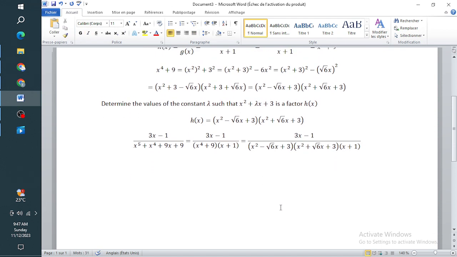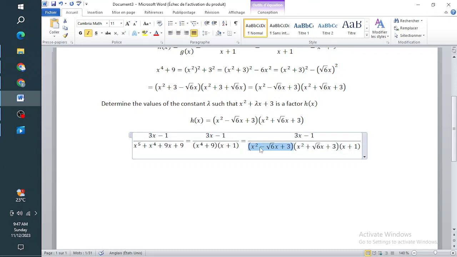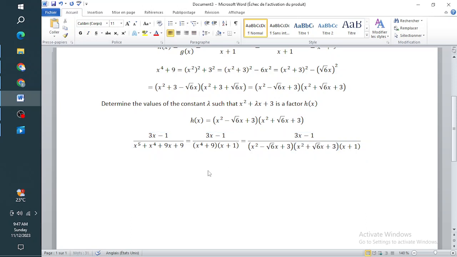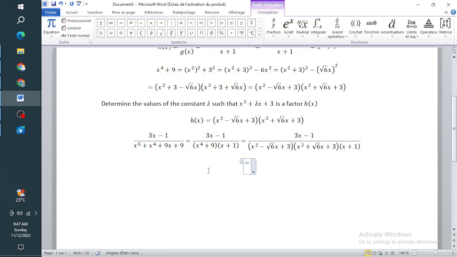Now you realize that the functions in the denominator, you can easily deal with them. This is a quadratic, and you need to verify if this quadratic can be factorized by finding a discriminant, and you're going to realize that the discriminant of this quadratic and this quadratic are all negative, so it cannot be factorized. So the form of this partial fraction is just, since these quadratics cannot be factorized, it means their numerator will be linear.